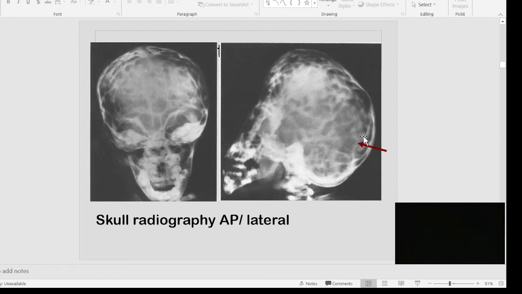You can see the suture, the gyri and the sulci. Here there's a focus of hyperdensity, so it might be a calcification.